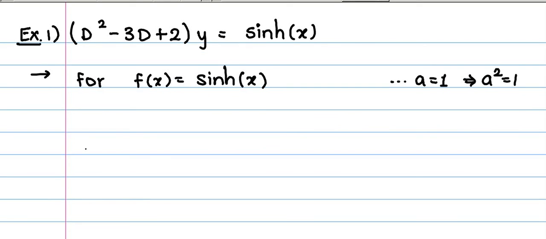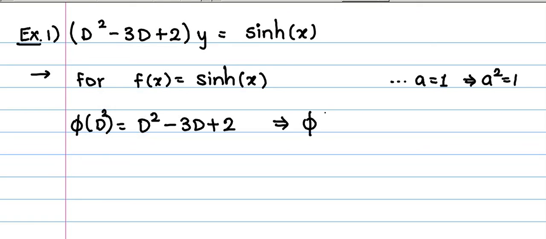Now, we check whether there is any case of failure or not. For the given equation we consider phi of d is equal to d square minus 3d plus 2. We consider it in terms of d square, and by using the formula we need to replace d square by 1. So d square is replaced by 1, minus 3 times d, plus 2.